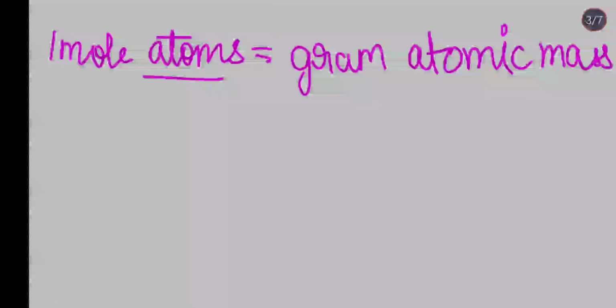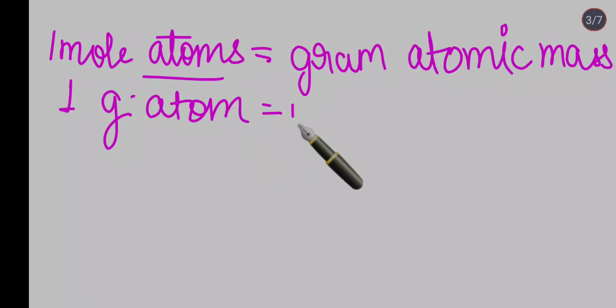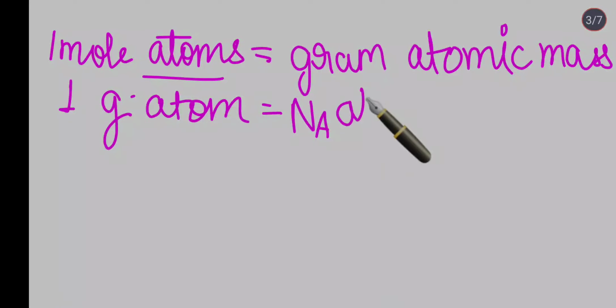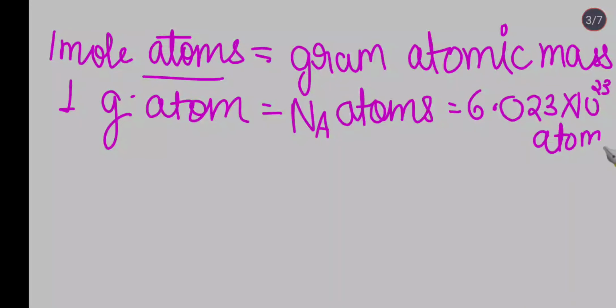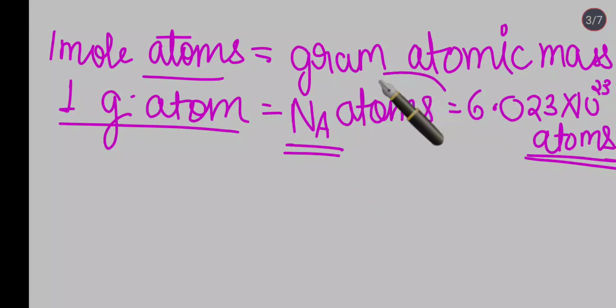Then you have 1 gram atom, which is N of A atoms, which is equal to 6.023 into 10 to the power 23 atoms.